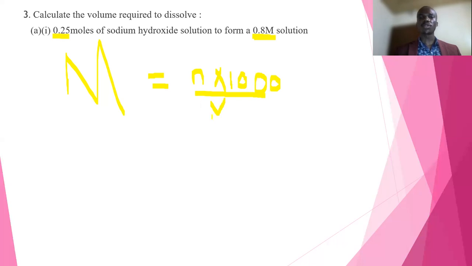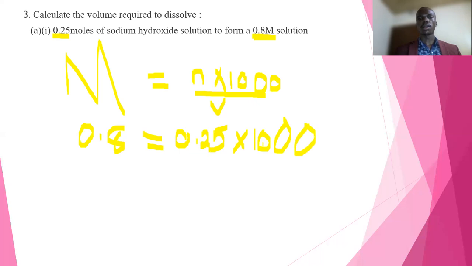We have the molarity, which is 0.8, and the number of moles we have been given, 0.25, times 1,000, then we divide by the volume of the solution that we don't know.